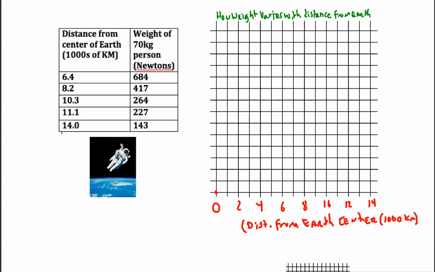So every time we do a graph, we want to make sure that we have not only the label that tells us what we're graphing, but the units that it will be in.